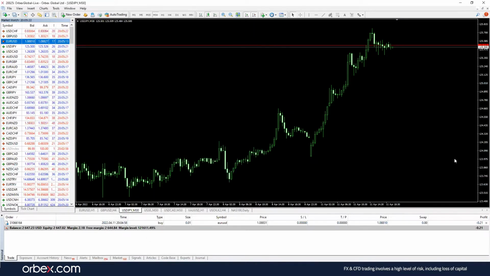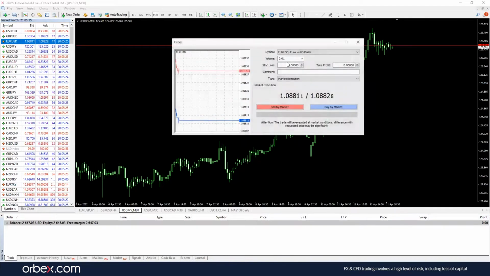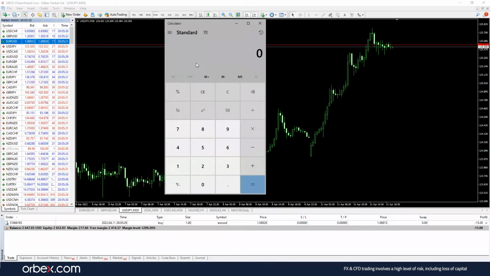If you're feeling adventurous and you have the funds, obviously you have the equity, we can open a one lot trade. So this is 100,000 notional value of the trade. So 1.08828, which is the price, multiplied by 100,000 and then divided by 500. So 217.6, again, it's just rounded up by 1 cent. And as you can see here, 217.66.